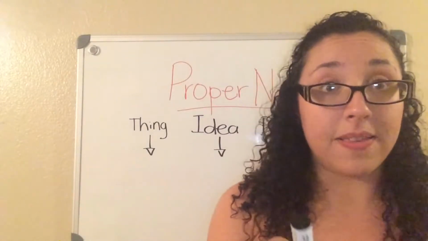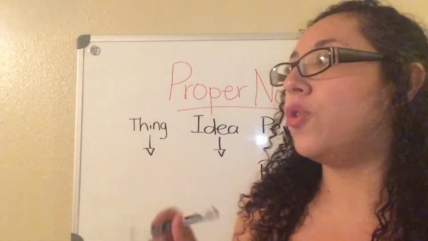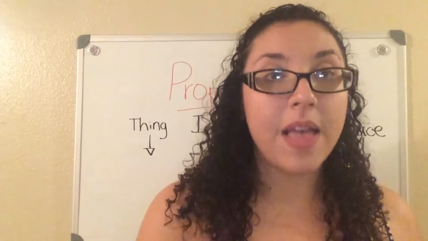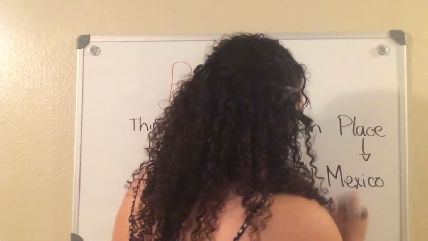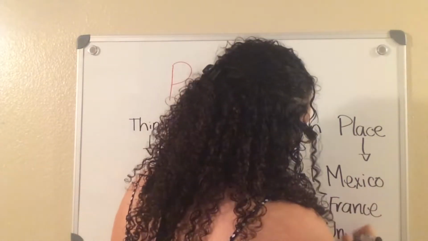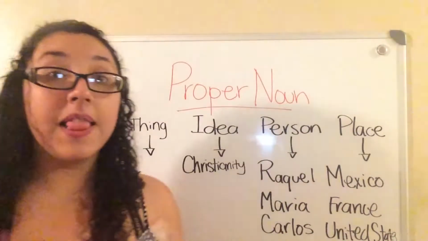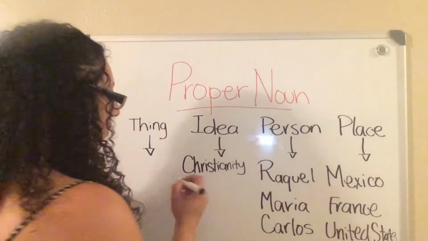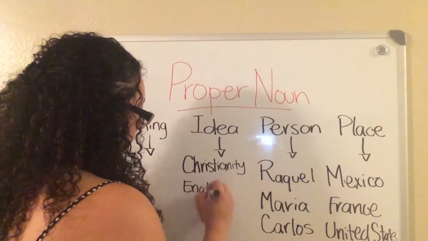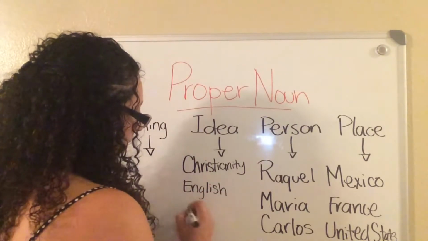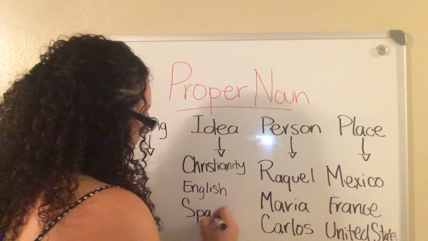Let's use a proper noun example on a place. We could choose, for example, a country. A language, English. Spanish.